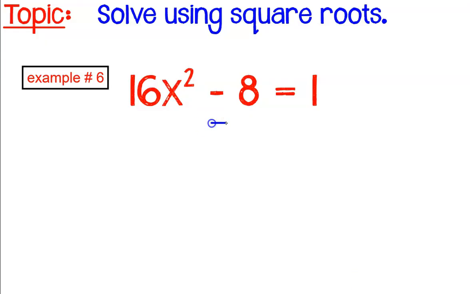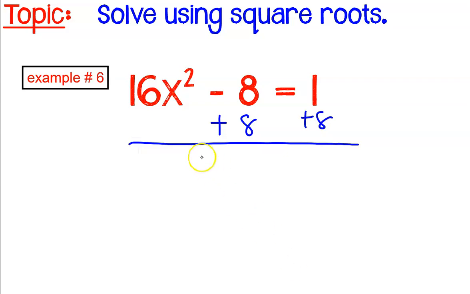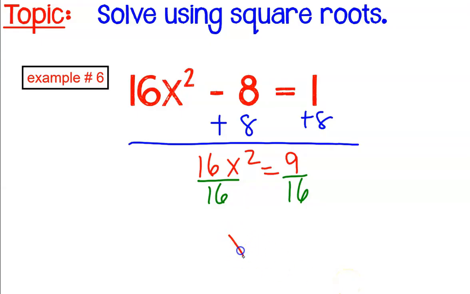Let's add 8 to both sides here. Okay, now let's see what happens this time. Now, when I divide here, I do not get a whole number. So I'm going to leave it in fraction form. I don't want a decimal.